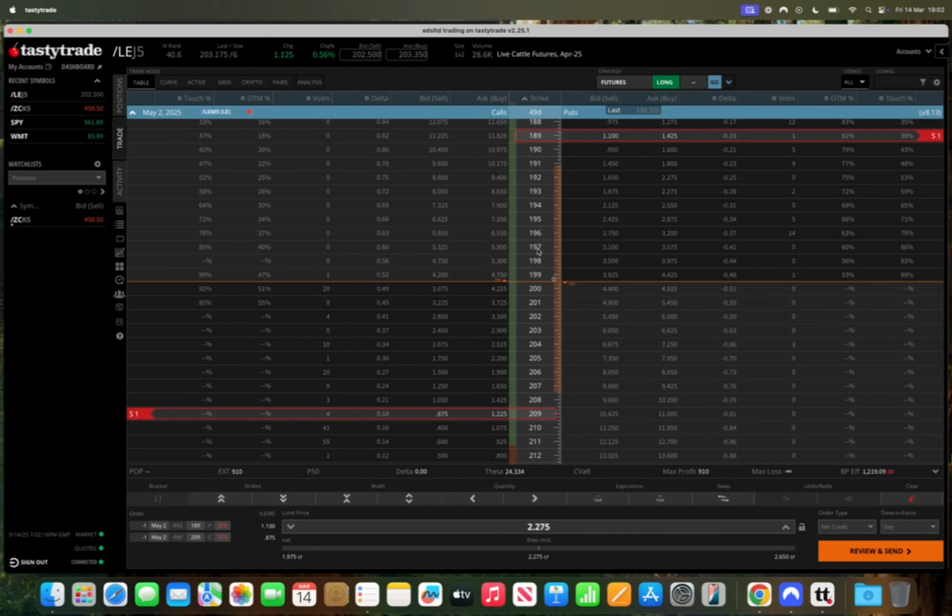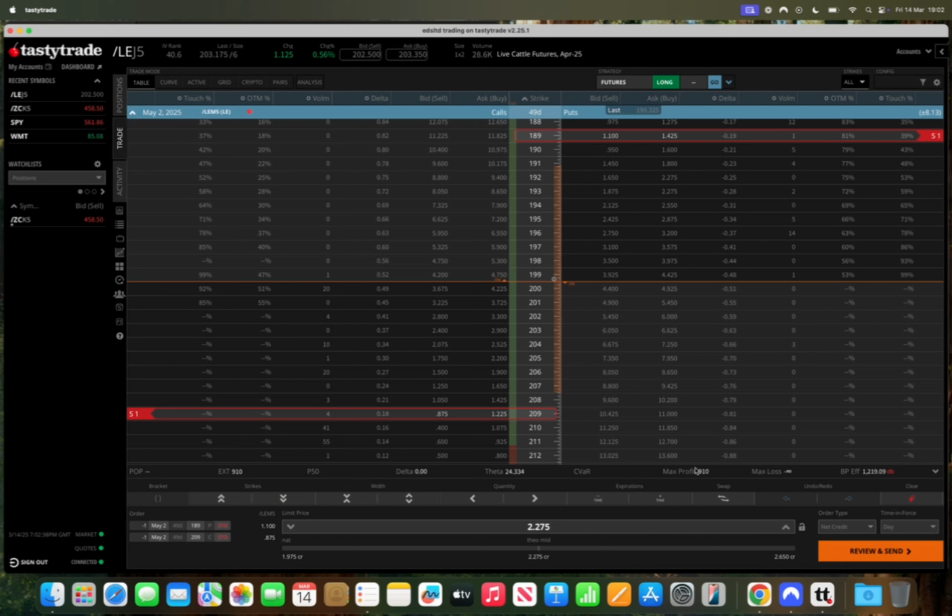So how much money can we actually make? Well, if we were to get filled at this mid price here, we would collect $910 up front, and that would get added to our cash balance automatically by our broker. So we're going to collect $900 up front, and our broker is going to require just over 1.2k in buying power to open this position.